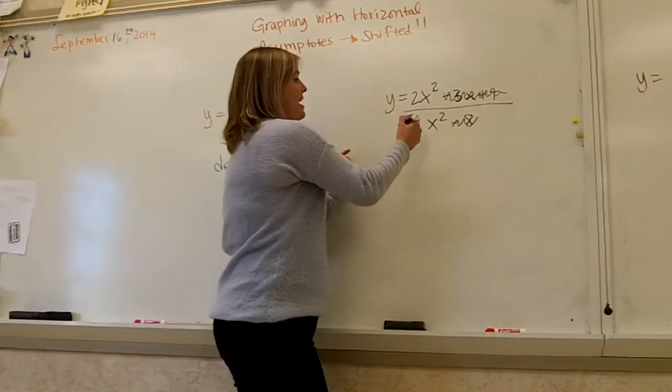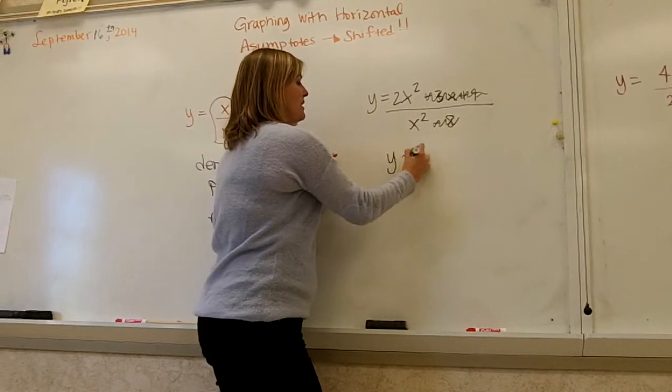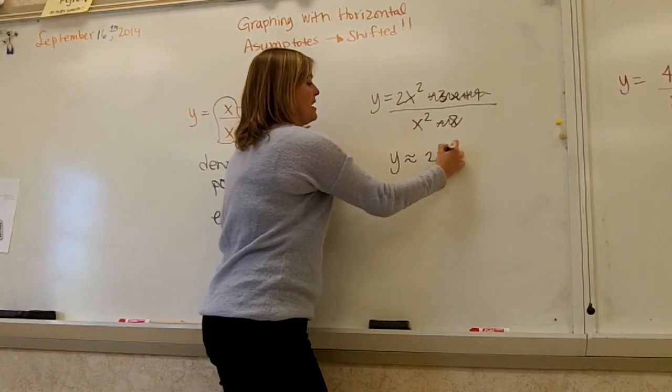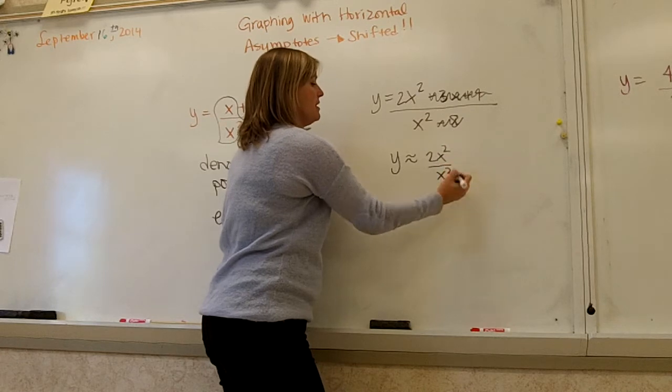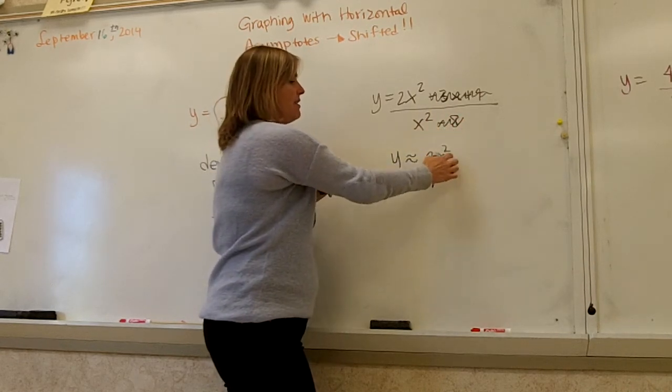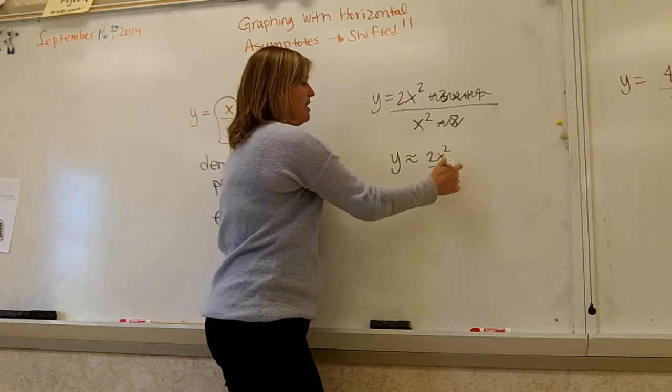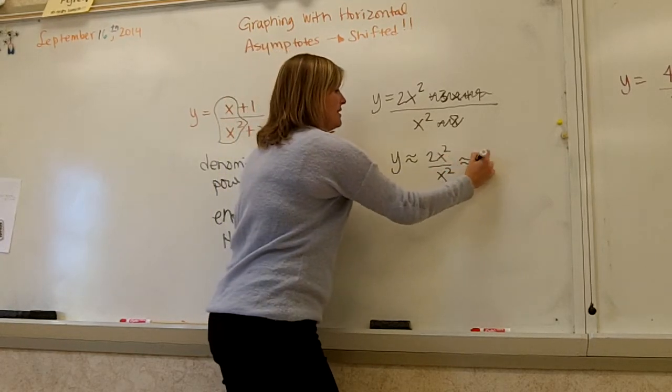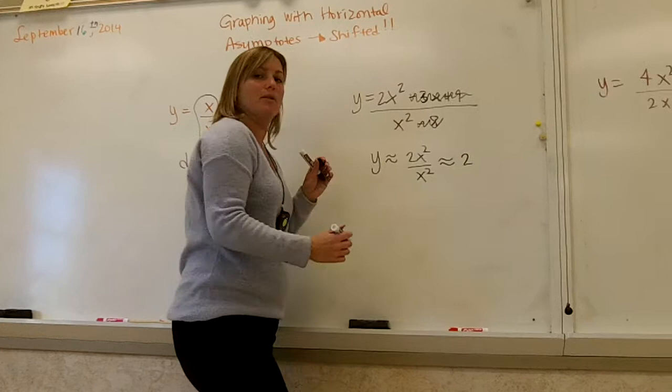So this is really going to approximate 2x squared divided by x squared at the extreme ends of the function. You can see how these are just going to cancel out, and all my y values are going to start approaching 2.